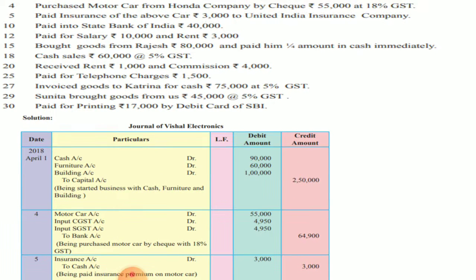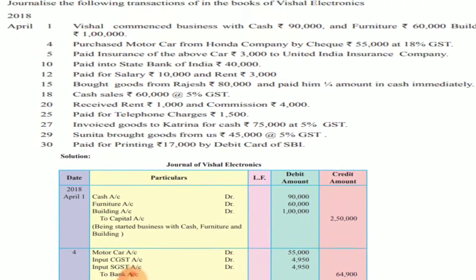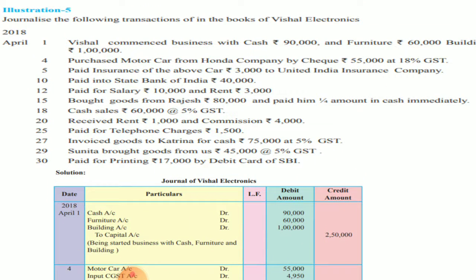In the books of Vishal Electronics, journal entry. Now what is our first journal entry? Vishal commenced business with cash 90,000, furniture 60,000, building 1,00,000. So we have date, particulars, LF, debit amount, credit amount. Year is 2018 April 1.